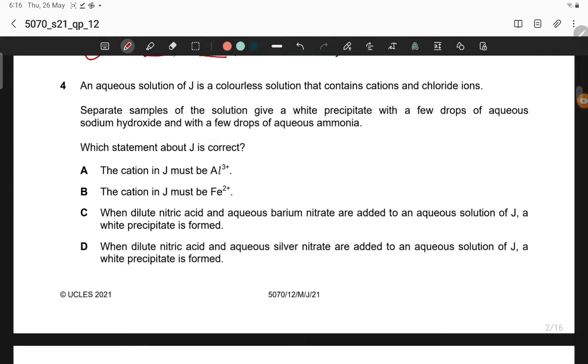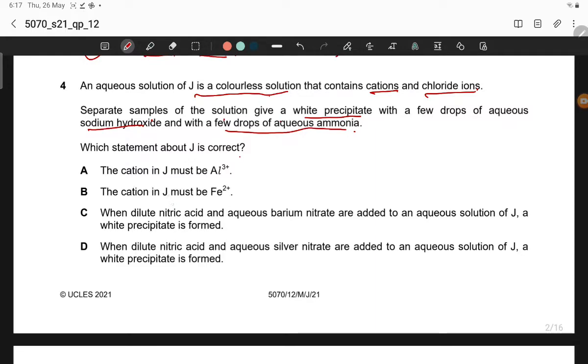An aqueous solution of J is a colorless solution. J is a colorless solution that contains cations and chloride ions. Separate samples of the solution give a white precipitate with a few drops of aqueous sodium hydroxide and with a few drops of aqueous ammonia. Which statement about J is correct?